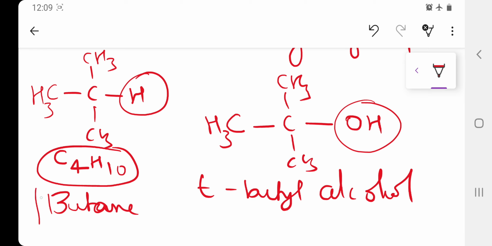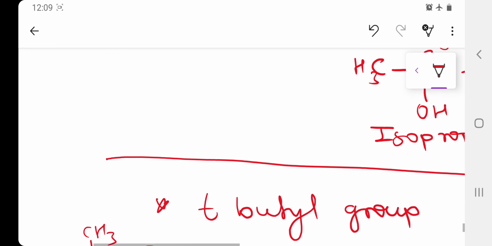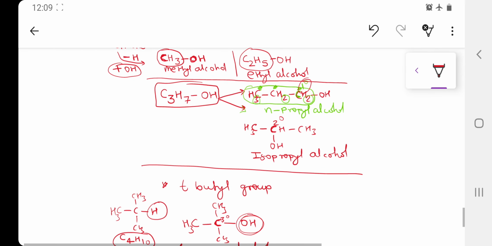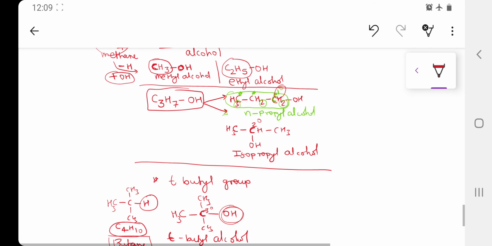And if you have to understand the extra, why is it written tertiary here? Because the OH is attached to a tertiary carbon. Then you have to consider all this group in one look.